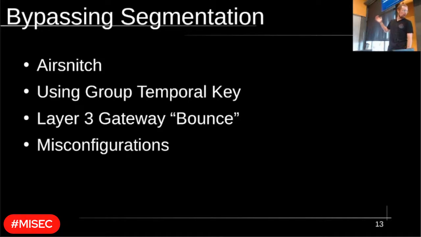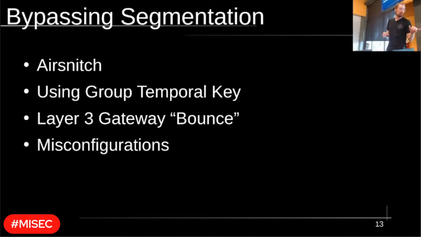Along with that, layer 3 gateway bounces. So network segmentation actually happens at layer 2, the data layer. This was one thing that got pretty complex, so I'm trying to keep this relatively simple. Sorry, looking at my notes.